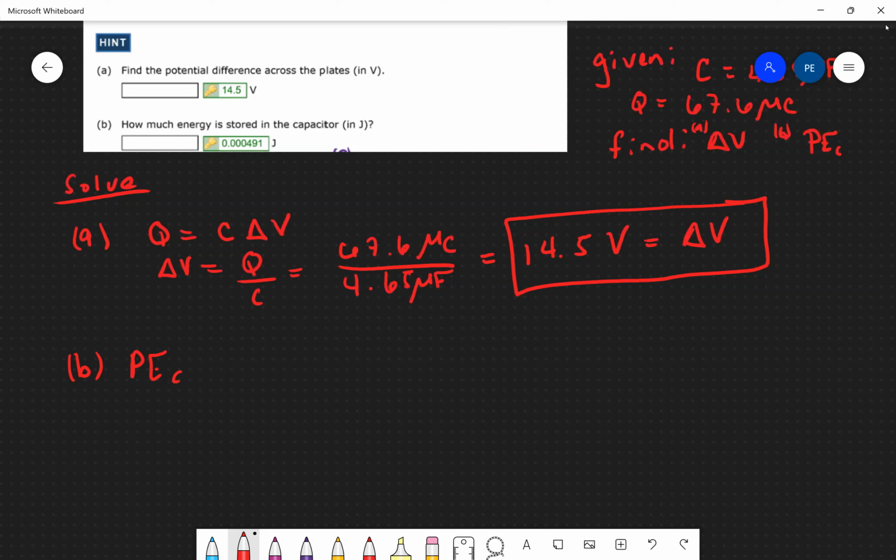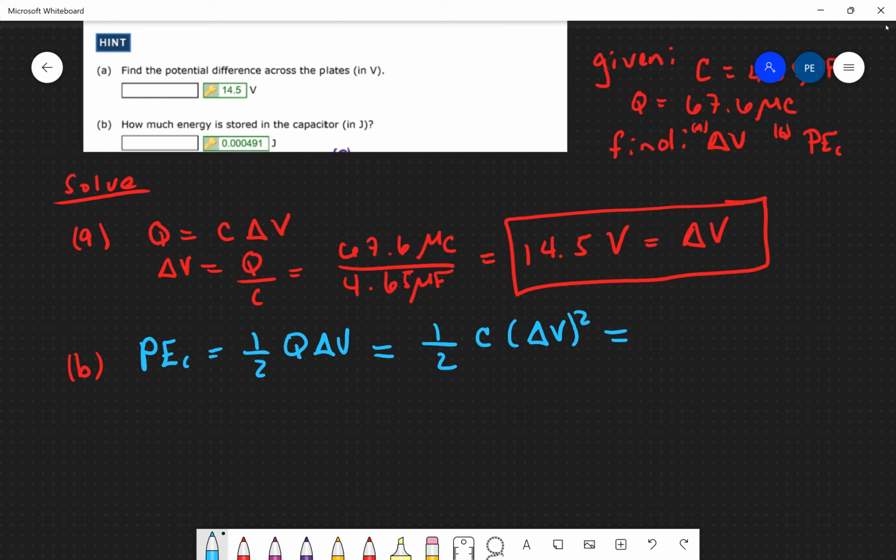If you remember from our lecture video, the potential energy stored in the capacitor is equal to 1/2 Q times delta V, which is also equal to 1/2 C times delta V quantity squared, and that's also equal to Q squared over 2C. All of these give us the potential energy stored on that capacitor.